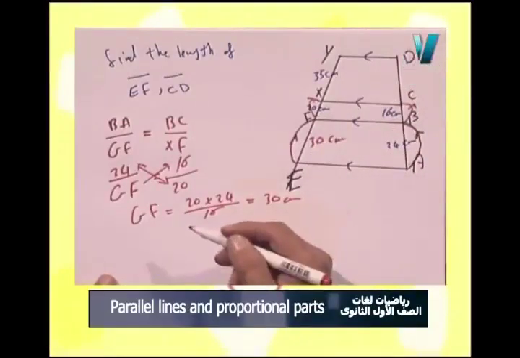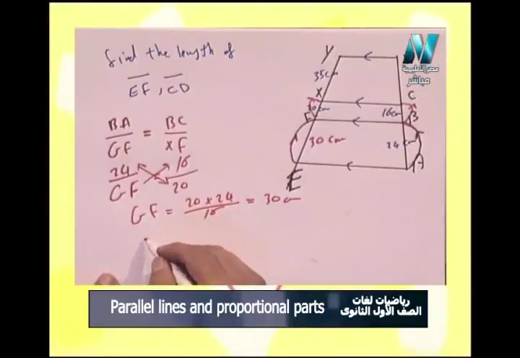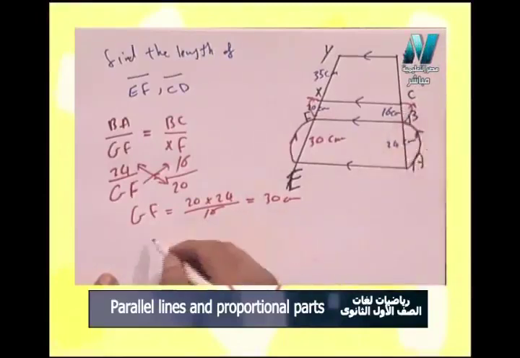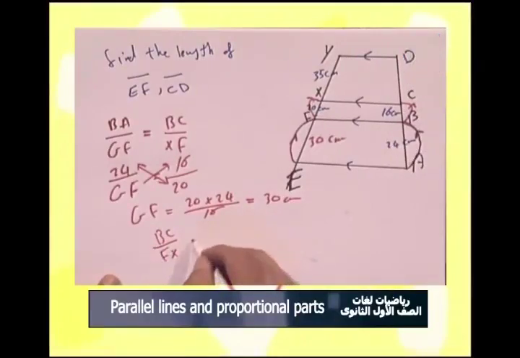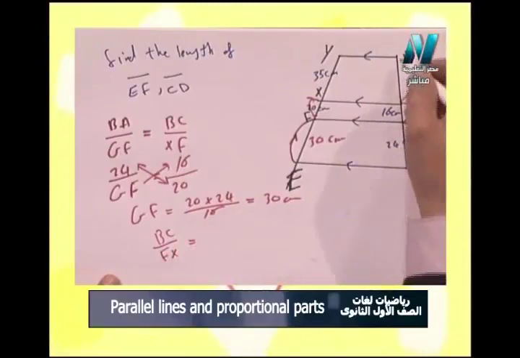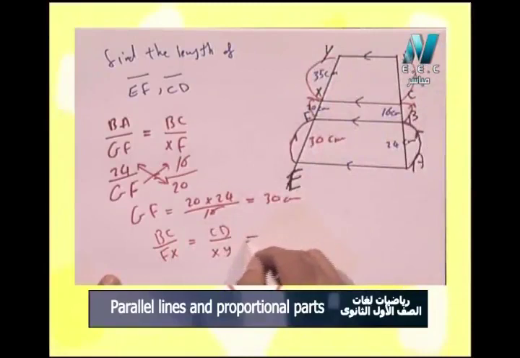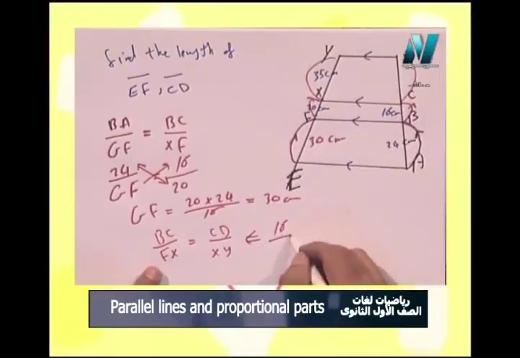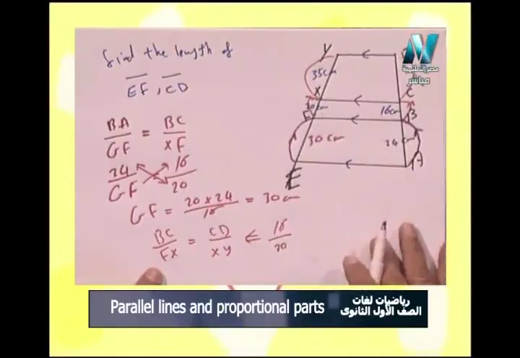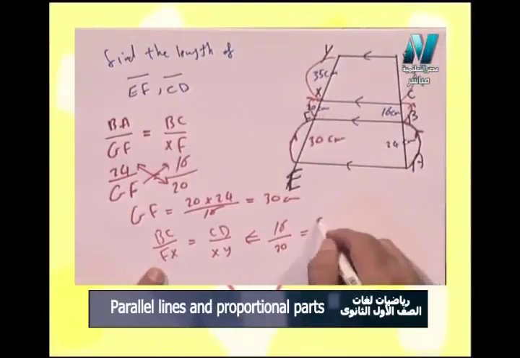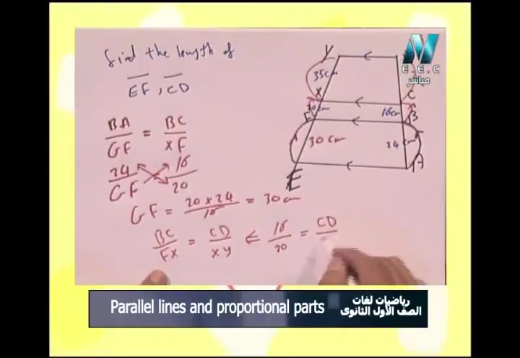We can say that BC over FX will be equal to CD over XY, and we have BC here 16 over FX 20 equals CD, which is unknown, over XY, which is 35 centimeters.